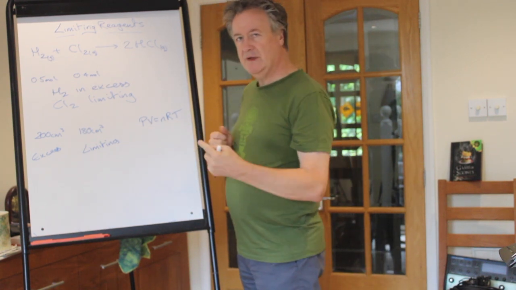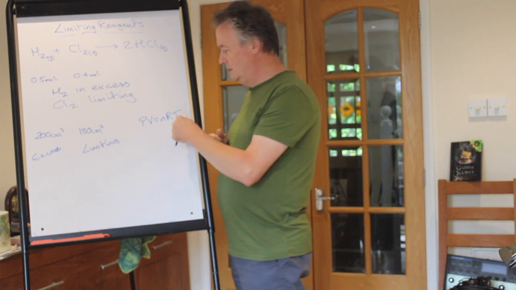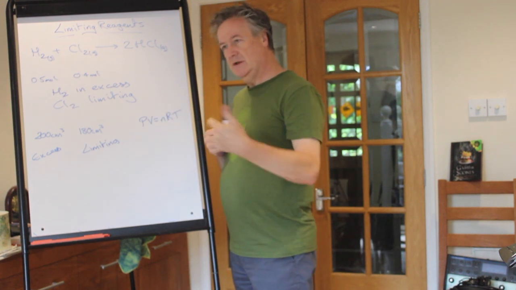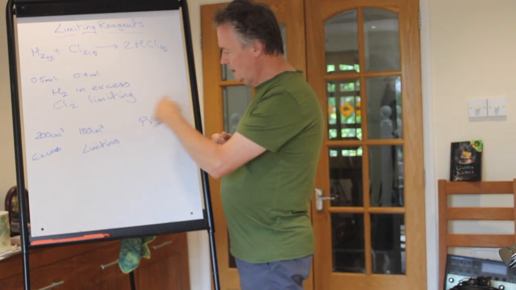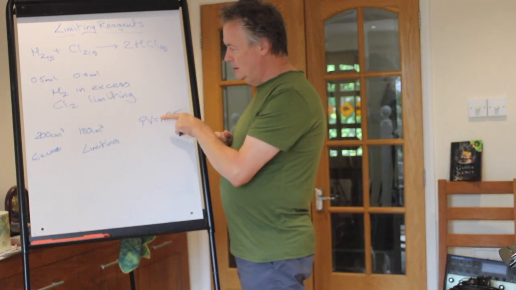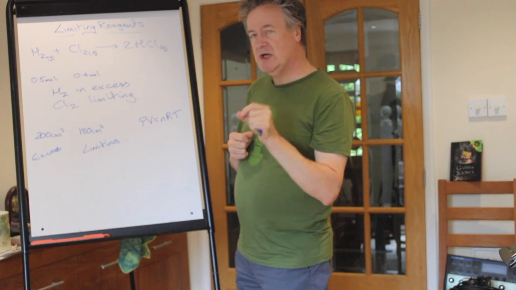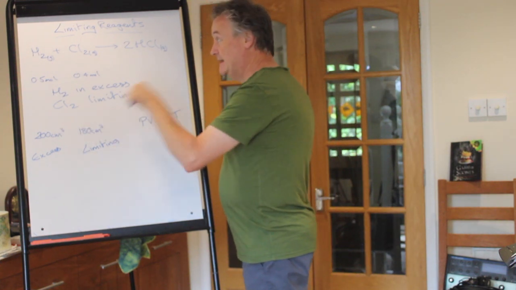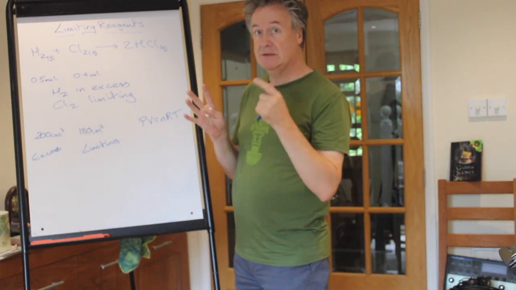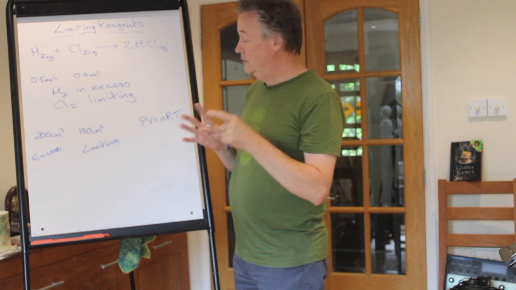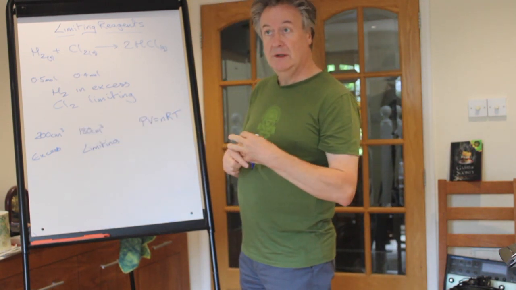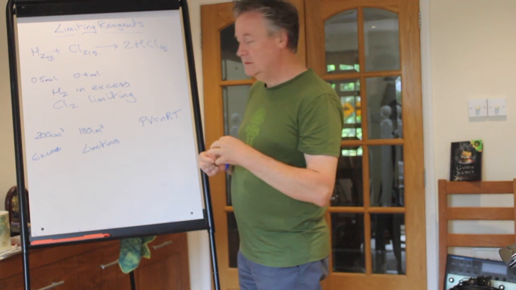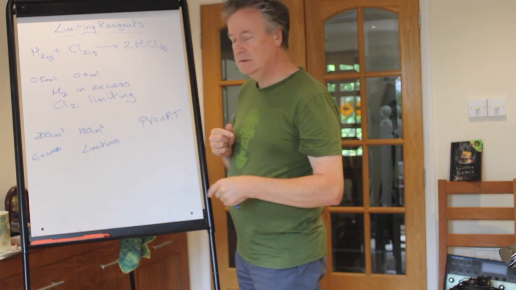But now we have PV equals nRT, the ideal gas equation, and there's a link between pressure, volume, moles, gas constant and temperature in Kelvin. And when the conditions don't change, which is critical for doing things with Avogadro's law, so everything is the same temperature and pressure all the way through, the volumes react in the ratio of the equation, which in this case is 1 to 1.